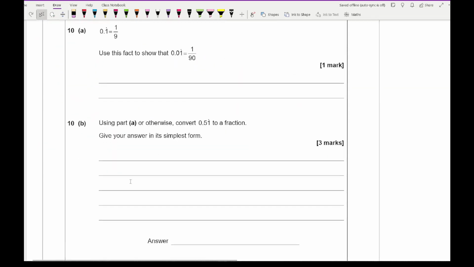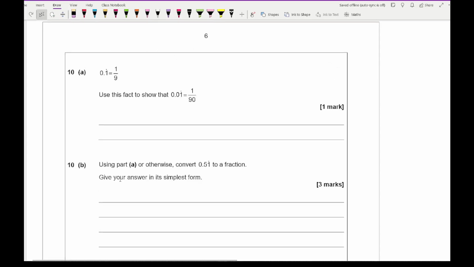Then moving on to question 10, it says 0.1 recurring equals 1/9. Use this fact to show that 0.01 recurring equals 1 over 90. So for this, what we've got is that 0.1 recurring divided by 10 equals 0.01 recurring.